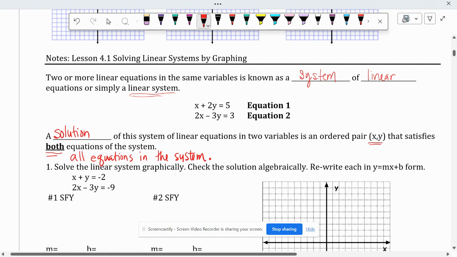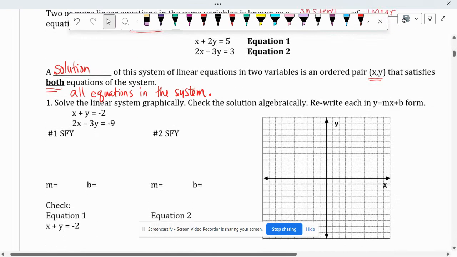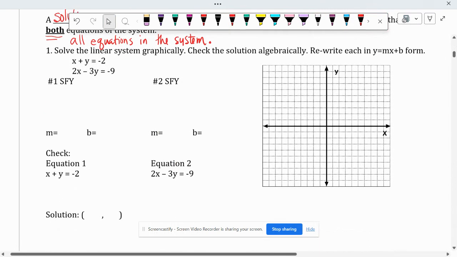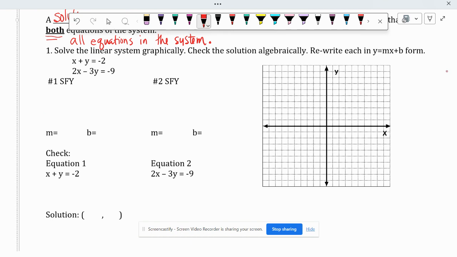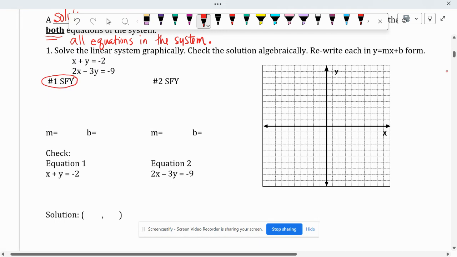All right. So we are solving our equations using graphing. It's probably my least favorite method to solve a system, but it's probably one of the easiest. So we're going to do a couple of different things. Number one, we're going to solve for y on some of the equations.